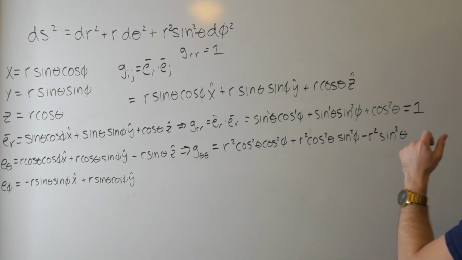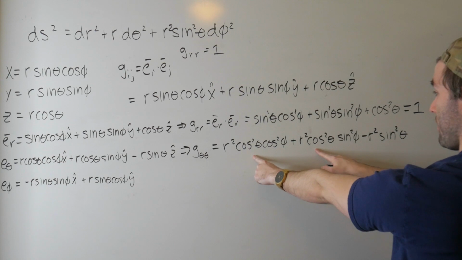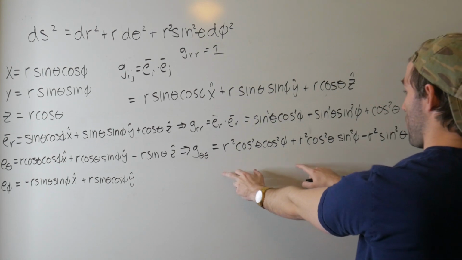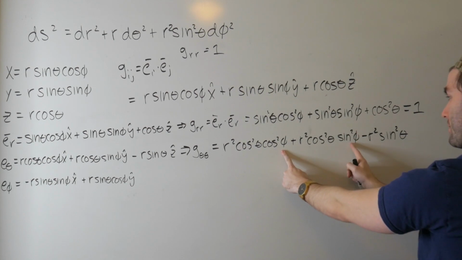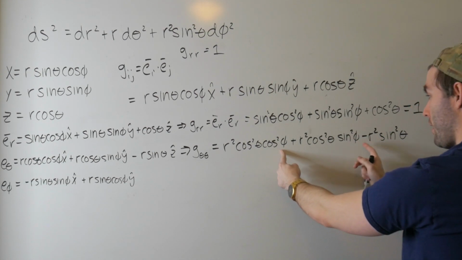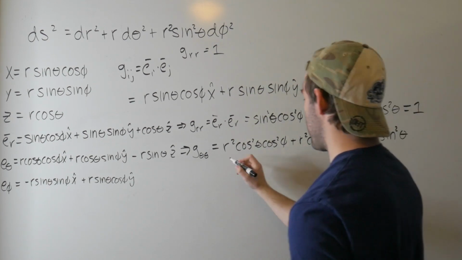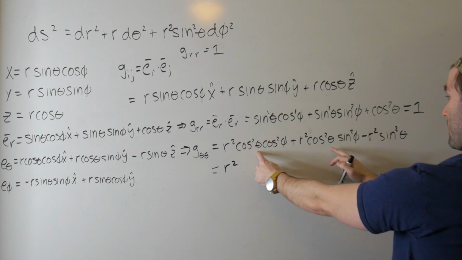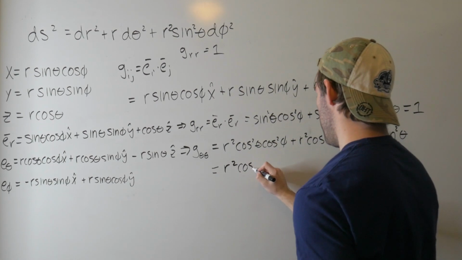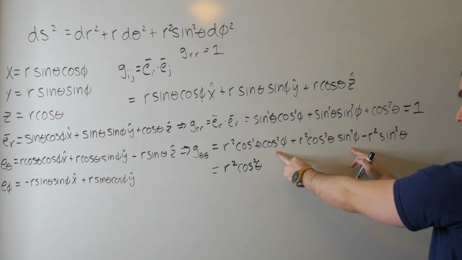Okay, let's take a look at this. So we've got a cosine squared theta here, a cosine squared theta here that we can factor out, as well as an r squared. And that's going to give us a cosine squared phi plus sine squared phi, which is just 1. So this is going to equal r squared cosine squared theta, and then these cosine squared phi, sine squared phi go to 1.